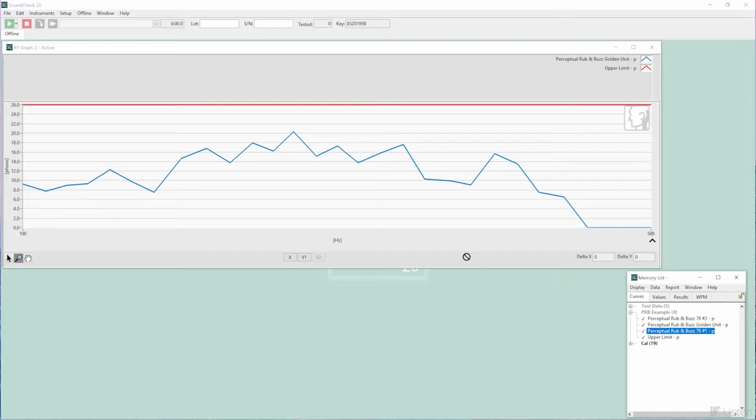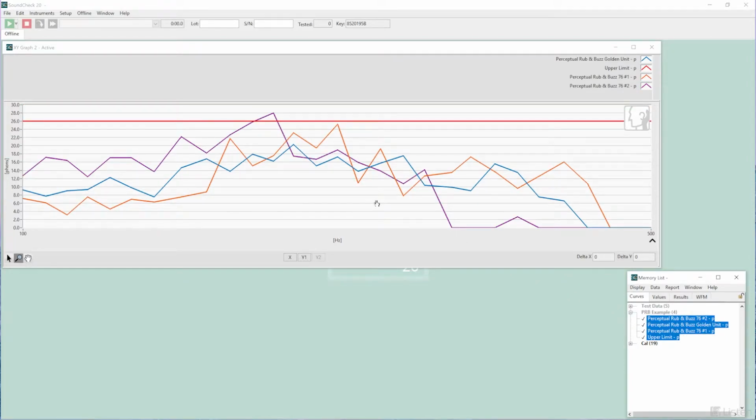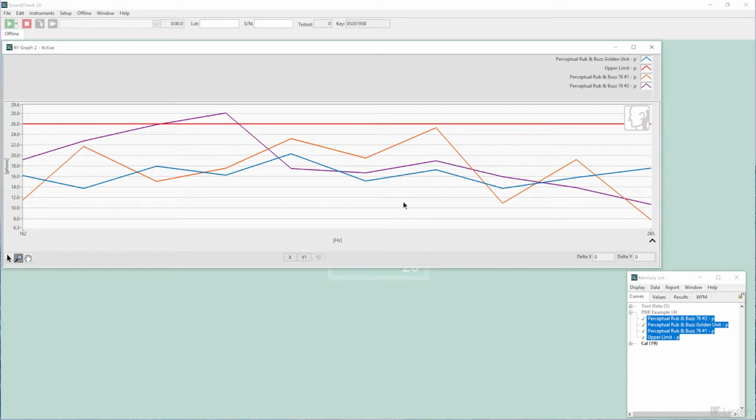Then we measure our speaker and it passes. Now let's say the conditions were marginally different when we measured it and we get this result, and it would fail. You can't afford to have this type of inconsistency on a production line. So this is why repeatability and immunity to background noise is such a big issue.